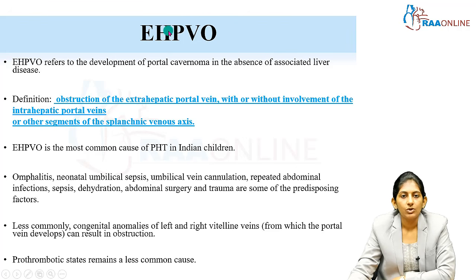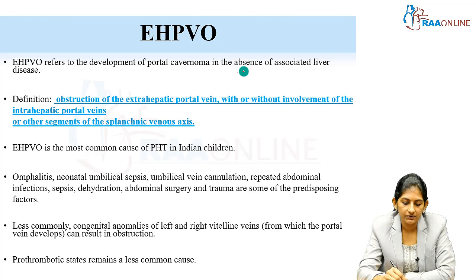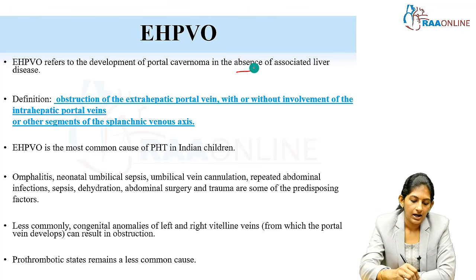EHPVO is extrahepatic portal vein obstruction. Here there will be development of a portal cavernoma. Multiple collaterals will develop around the portal vein. It is in the absence of an associated liver disease. There is no liver involvement. Portal cavernoma will be present.